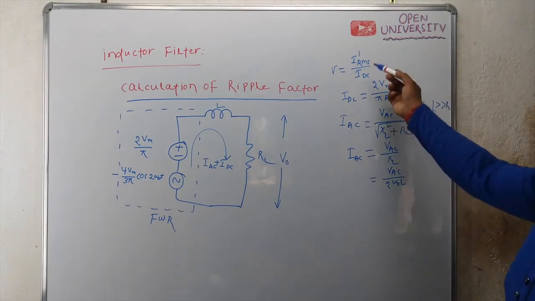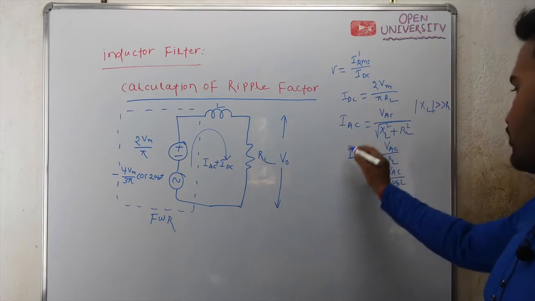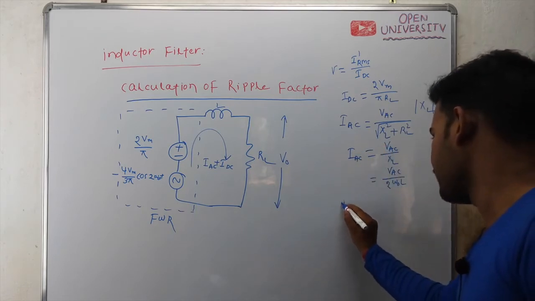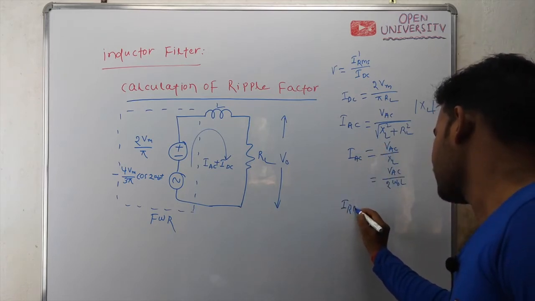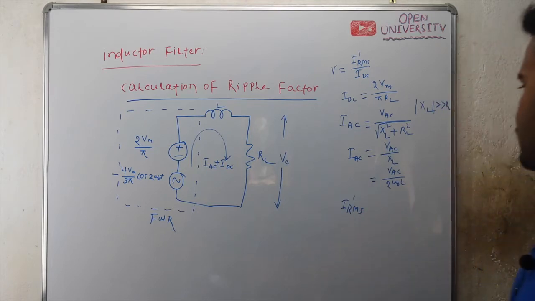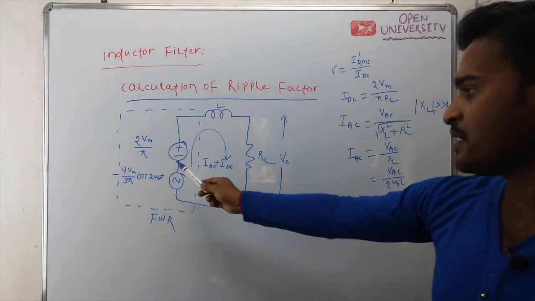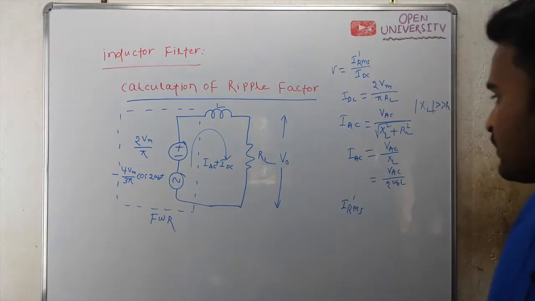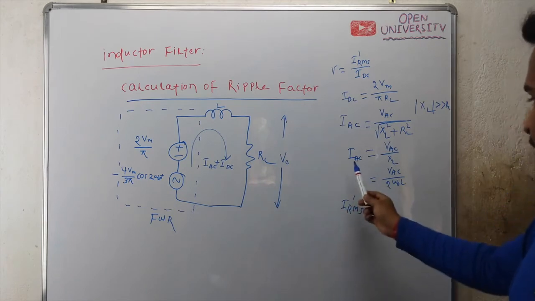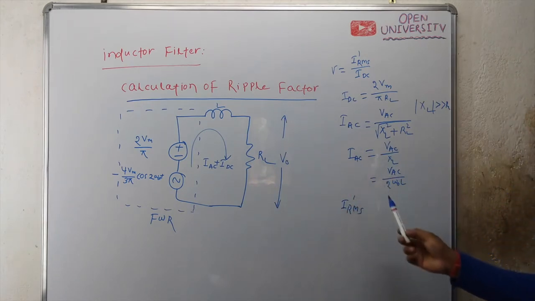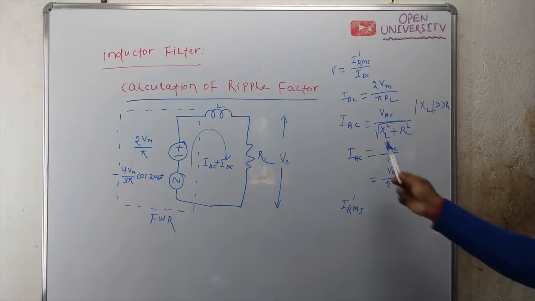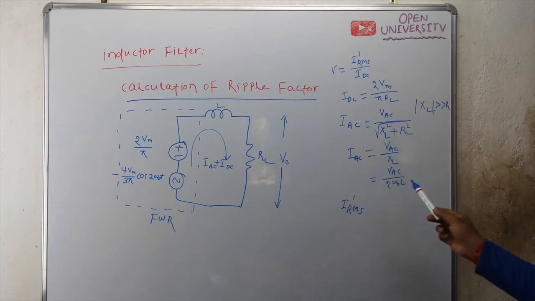My interest is to calculate the RMS value of this component, I'RMS. Your input is a sinusoidal signal, so the AC component of the current will also be a sinusoidal signal. So what will be the RMS value of this AC component?